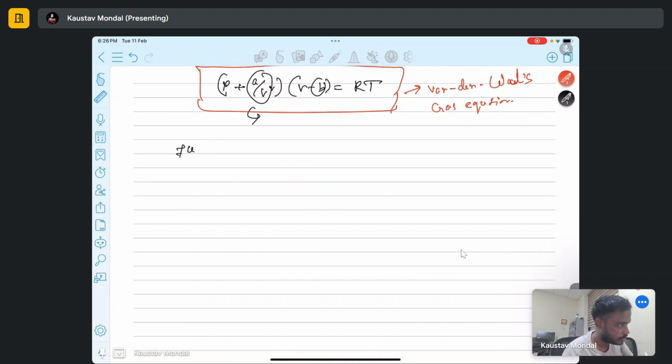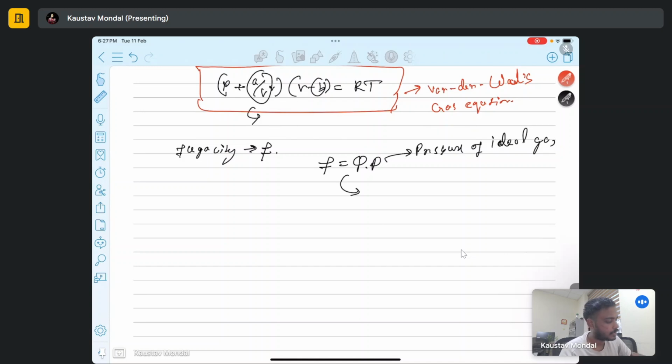Fugacity is written as F, and this F is related to the pressure of an ideal gas by a dimensionless constant phi. So F is equal to phi into P, where P is the pressure of the ideal gas.